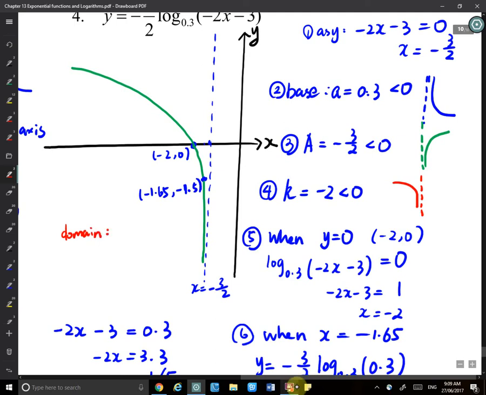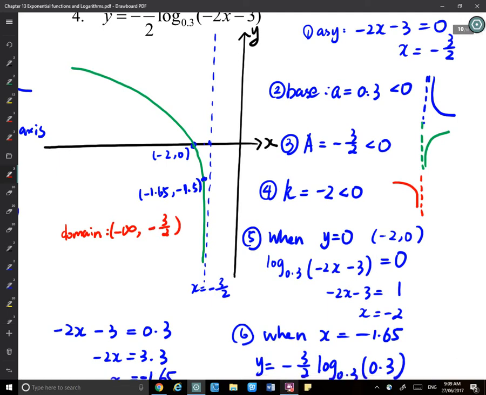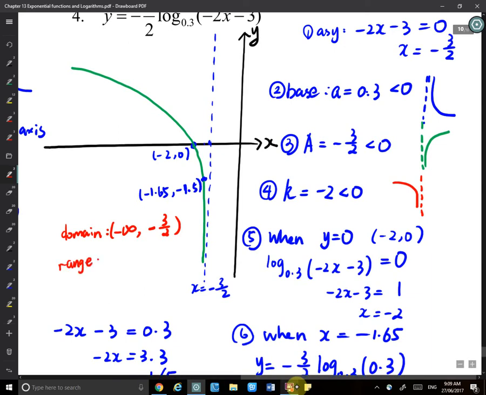The domain for this graph is negative infinity until negative 3 over 2. It's all negative values. Negative infinity until here. And the range, basically it's R.